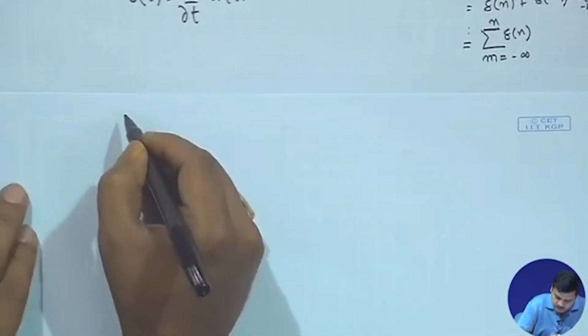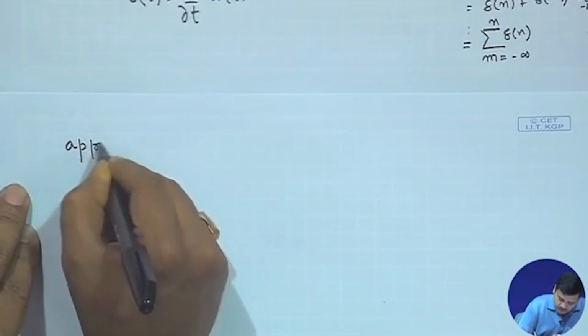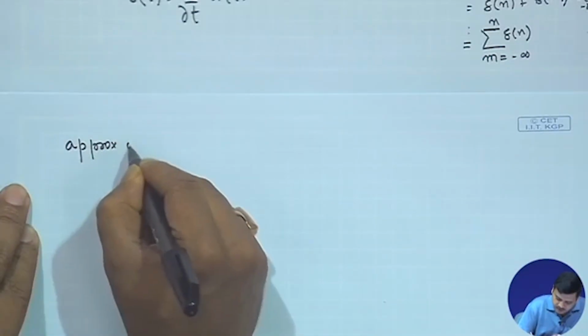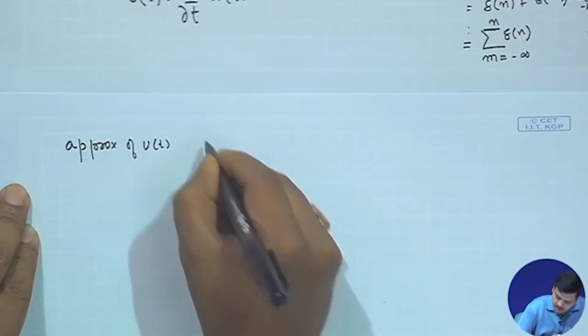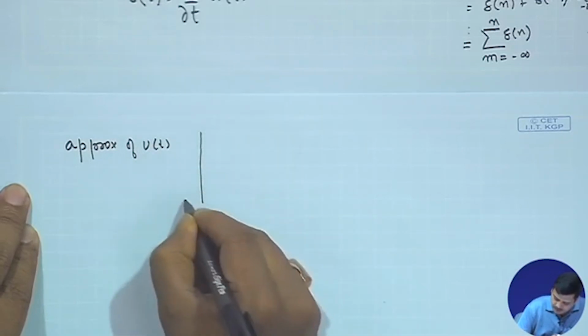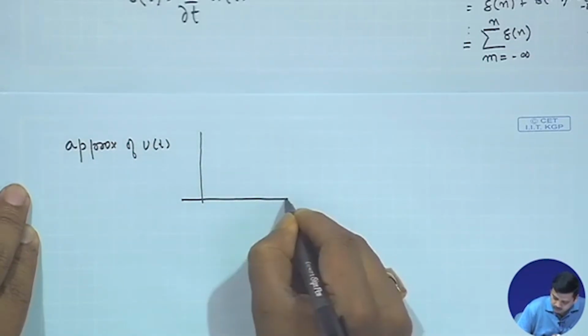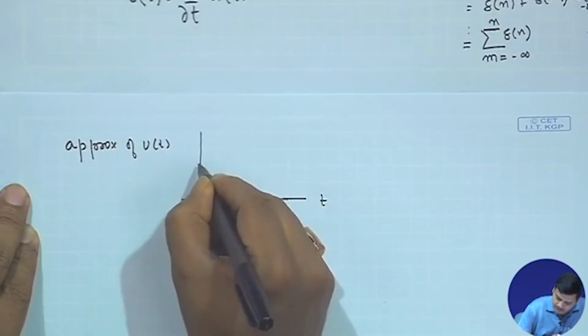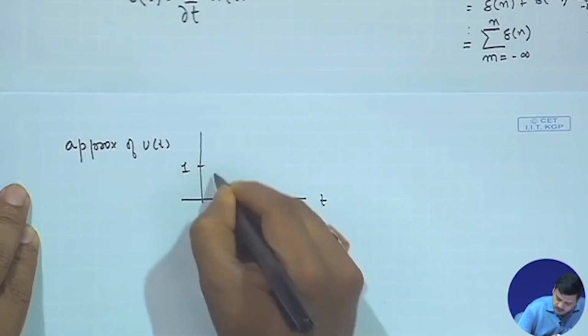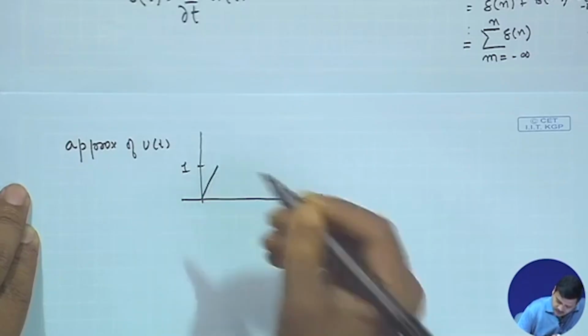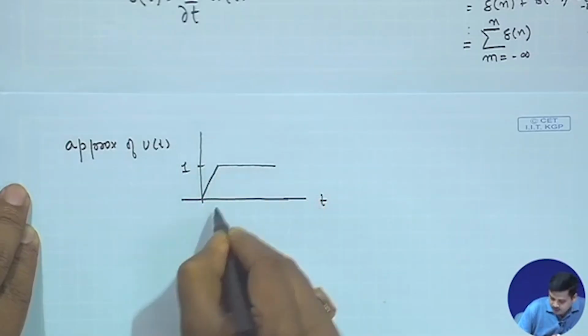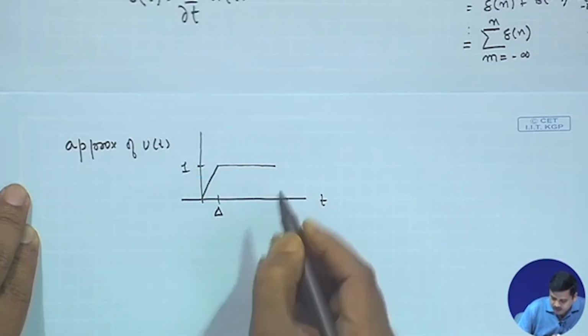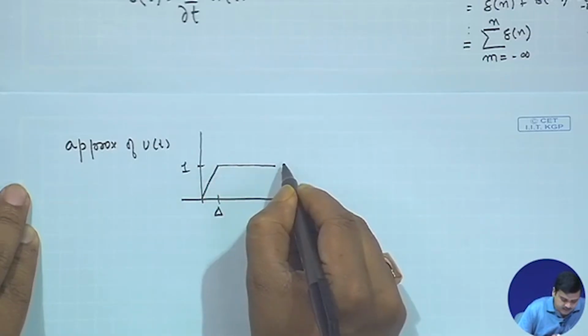So, we would rather draw it here. You can think of an approximation of u of t by this function, which is t, and this value is 1, let us say there is some continuity over a period delta, and then it takes this value, right.